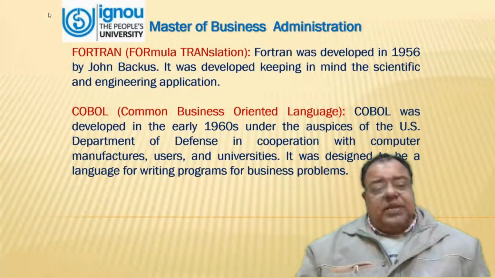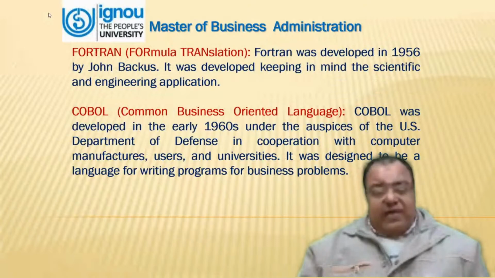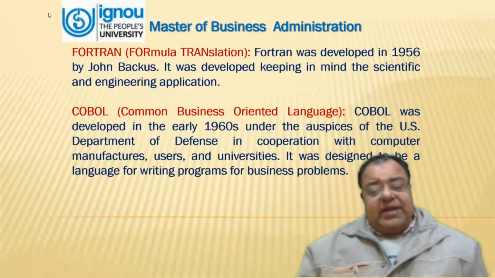COBOL, that is Common Business Oriented Language. COBOL was developed in 1960 under the auspices of the US Department of Defense in cooperation with computer manufacturers, users, and universities. It was designed to be a language for writing business programs.